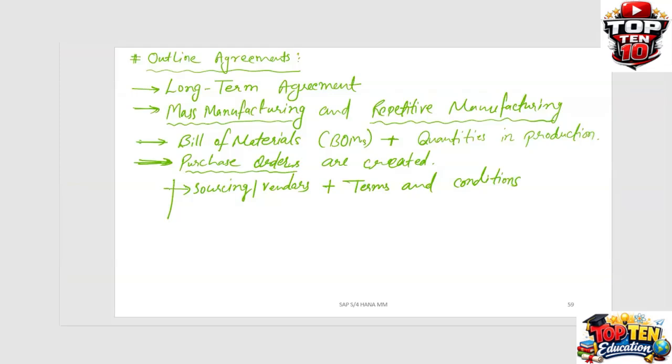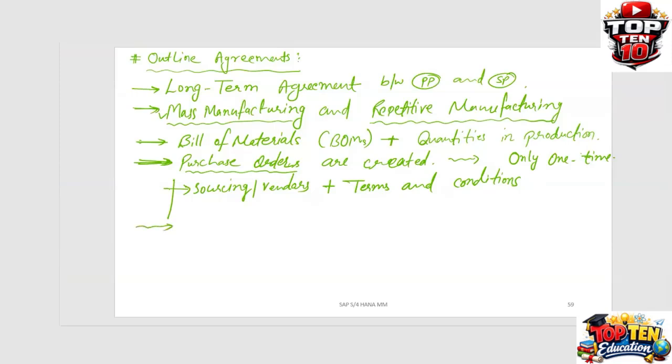Through a purchase order, procurement can be done only one time. That feature we discussed. But in mass manufacturing, we need those materials again and again. That is why we create a long-term agreement between the purchasing party and the supplying party, so we are not passing through all the steps of standard procurement.